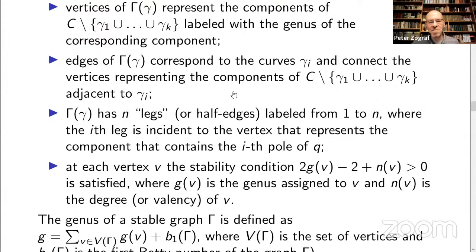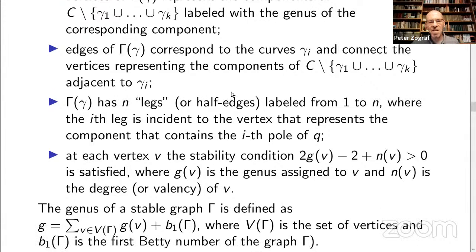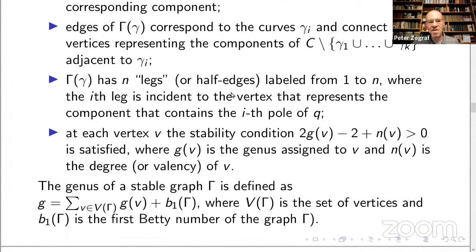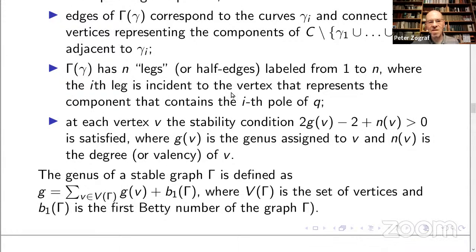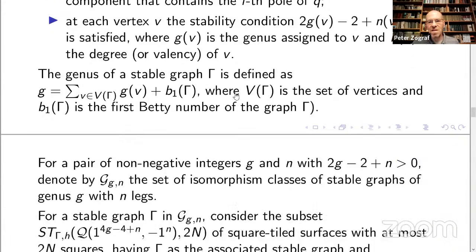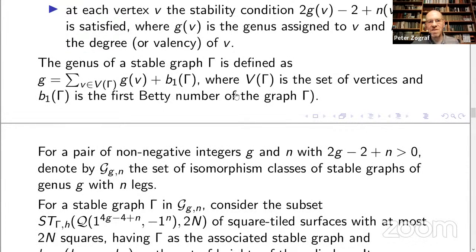Gamma has also n legs or half edges labeled from 1 to n, where the ith leg is incident to the vertex that represents the component that contains the ith pole of Q. And at last, at each vertex, the stability condition is satisfied, where g of v is the genus assigned to v, and n of v is the degree or valency of the vertex v.